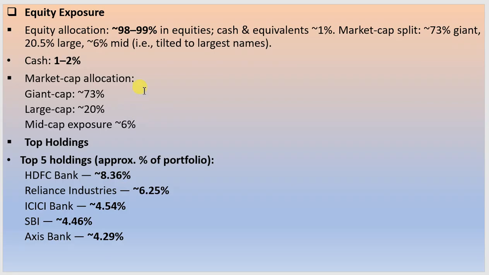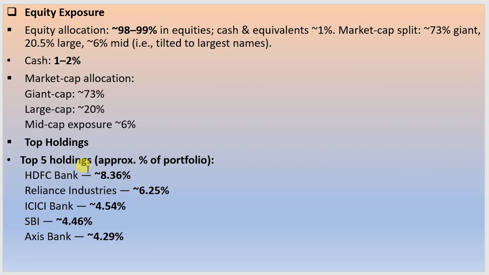Equity exposure. Equity allocation is 98 to 99% in equities, cash and equivalents 1%. Market cap split: giant cap 73%, large cap 20%, mid cap 6%. Tilted to large names, cash 1 to 2%. Top holdings of this mutual fund.